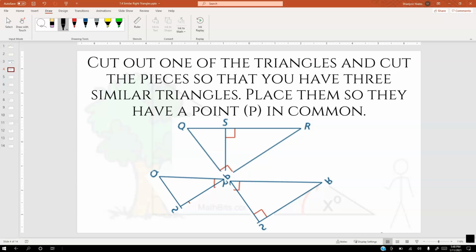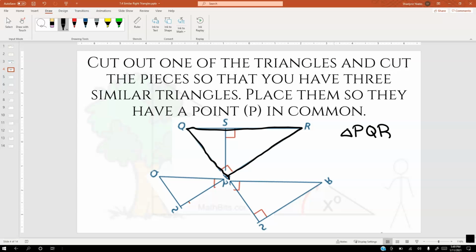So you have one triangle. You have triangle PQR. That's the big one. Now, if we cut out the small triangle, and then I want you to cut it out and glue it right here.